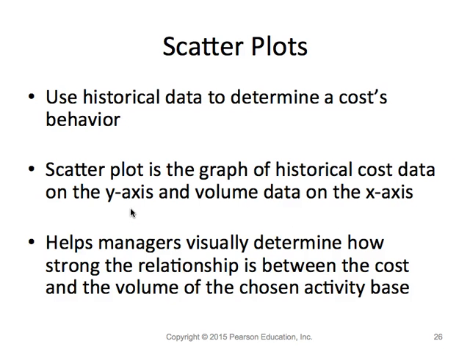All right, so we're going to look at scatter plots here. We use historical data to determine cost behavior. And when we try to determine cost behavior, we always use historical data. So we use the last 5 years, or usually 5 months or 10 months, and find out the behavior of the cost.